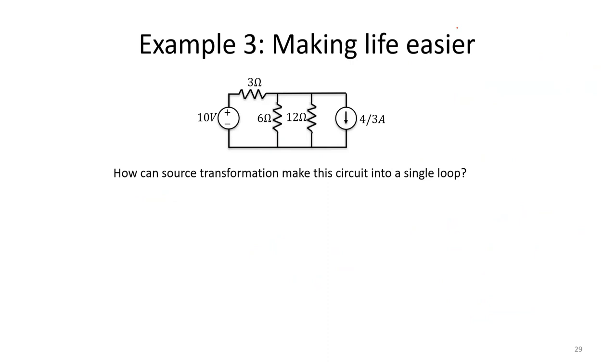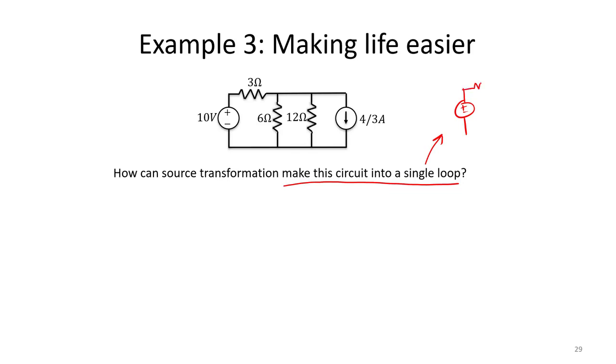Remember we said the reason why we're learning source transformation is to make our lives easier. Let's consider this circuit. This circuit's a little bit ugly, right? Question asks, how can source transformation make this circuit into a single loop?